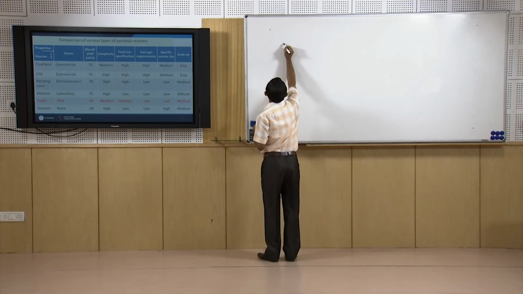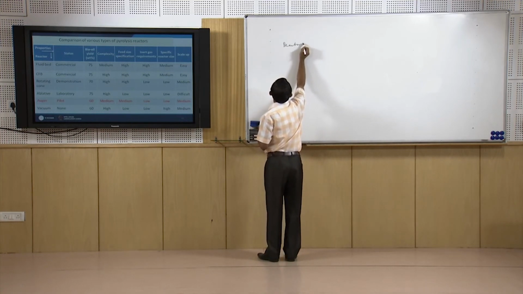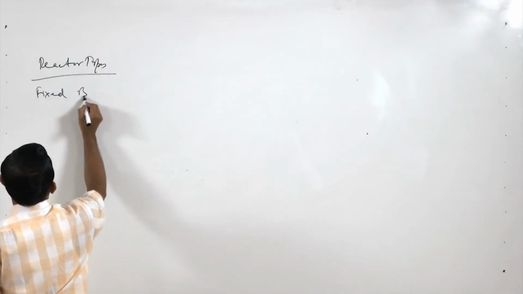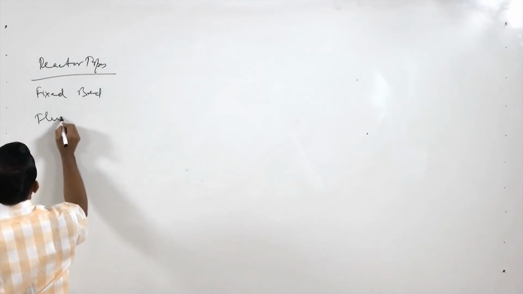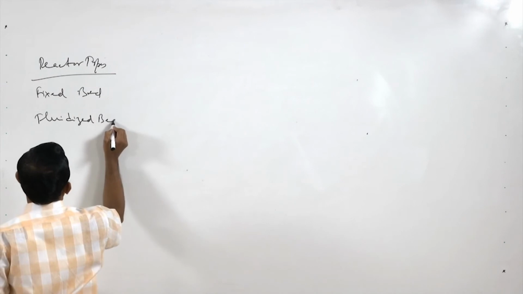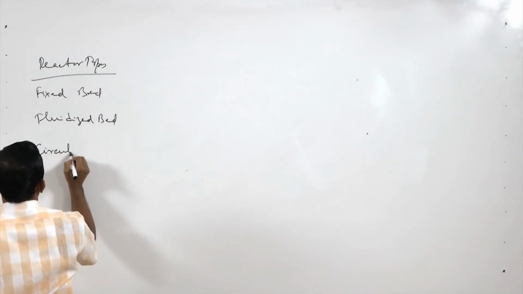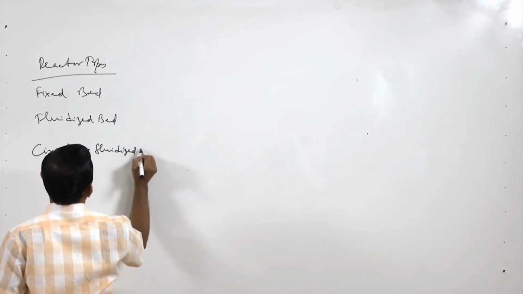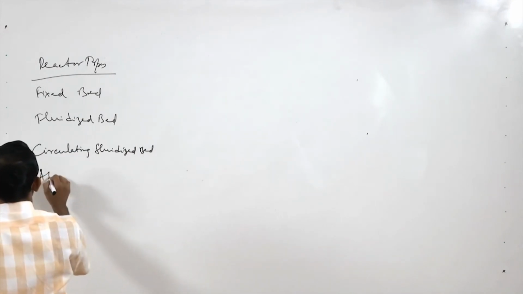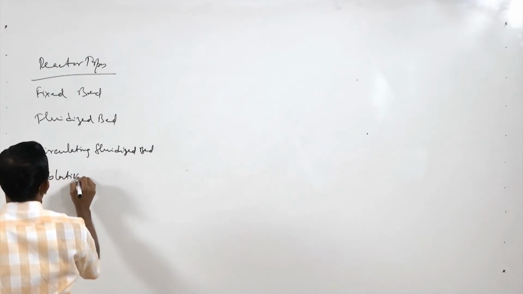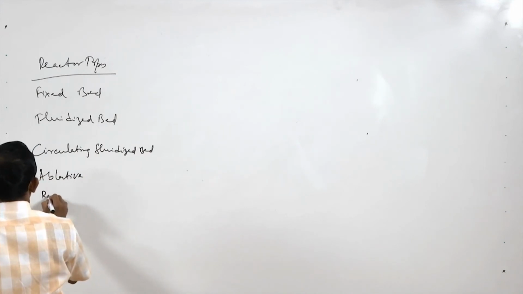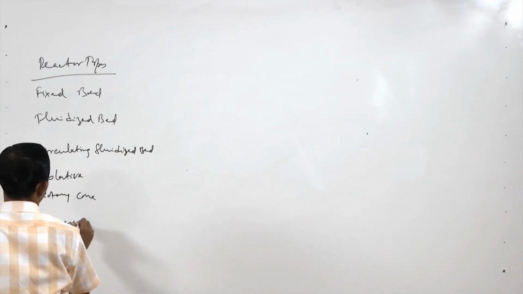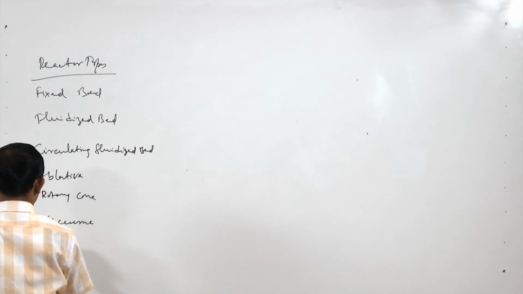Say, the types of reactors: fixed bed, fluidized bed, circulating fluidized bed, ablative, rotary cone, vacuum and auger.